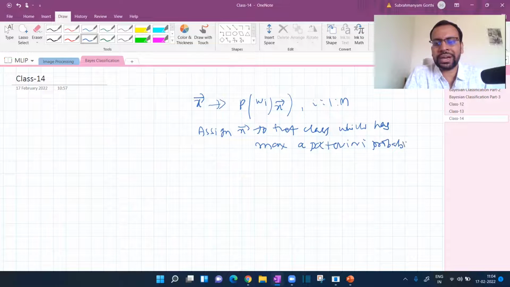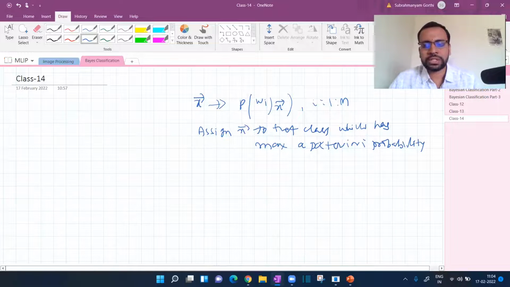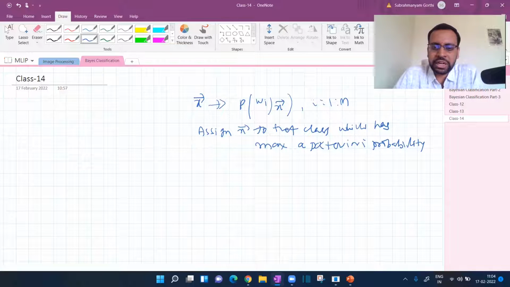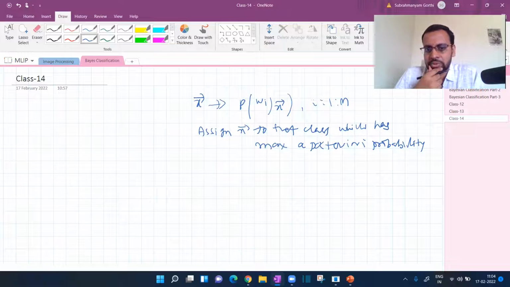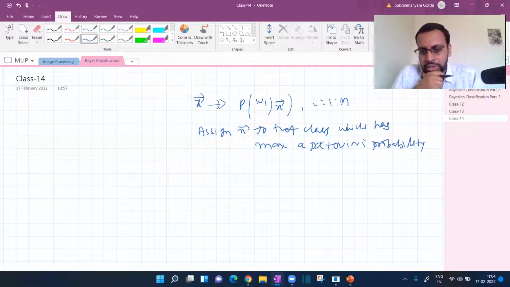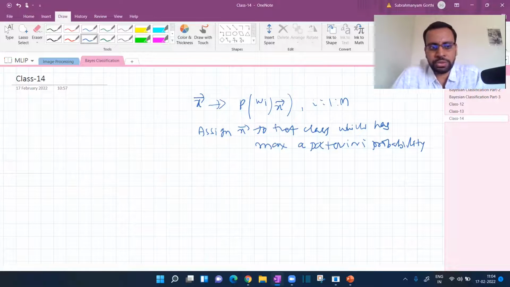This was the take-home message from the first class of this module. In the second class, yesterday, we worked out how to compute these a posteriori probabilities. We made use of the Bayes theorem.